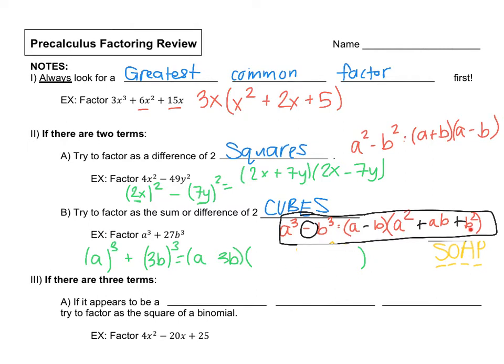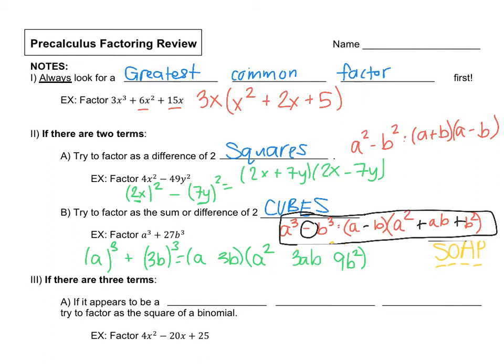The first and last are the squares of a and b. So that means it would be a squared, and then I would square my other value, which is 3b. So that term is going to be 9b squared. And then the middle term is the product of the two. So the product of a times 3b, which is 3ab.